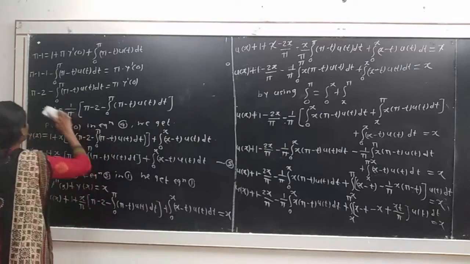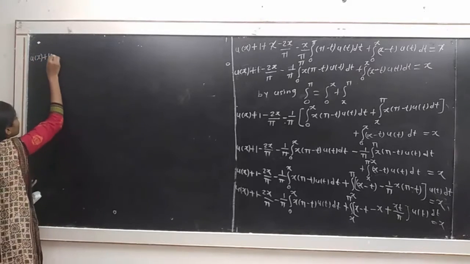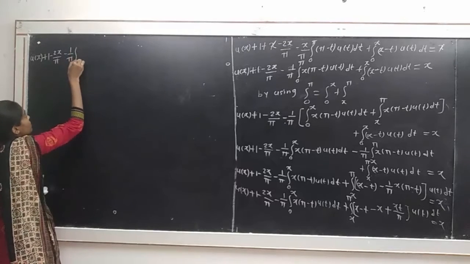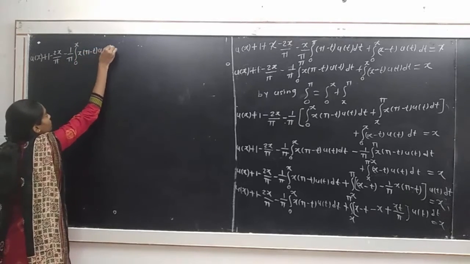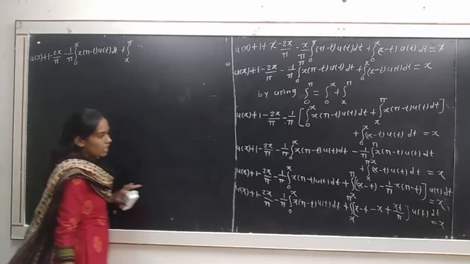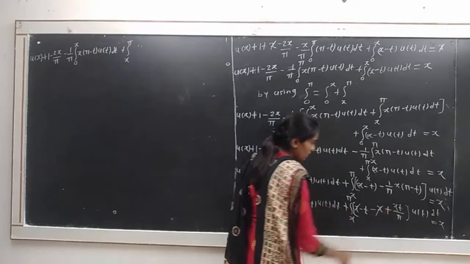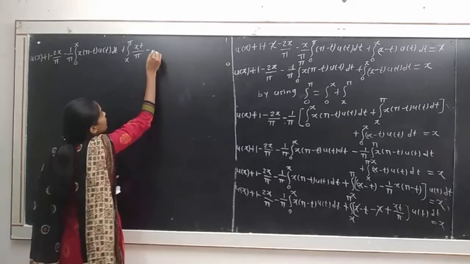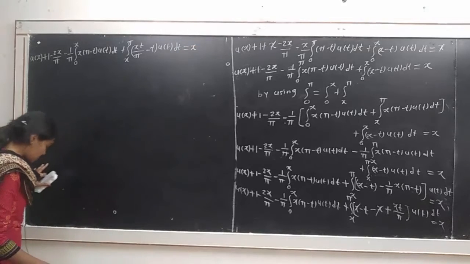Then we write the next step, that is u of x plus 1 minus 2x divided by pi minus 1 by pi integration from 0 to x pi minus t into u of t dt plus x to pi, and here this plus x minus x gets cancelled, remaining only minus t plus xt by pi, or we can write it as xt divided by pi minus t into u of t dt is equal to x, okay.